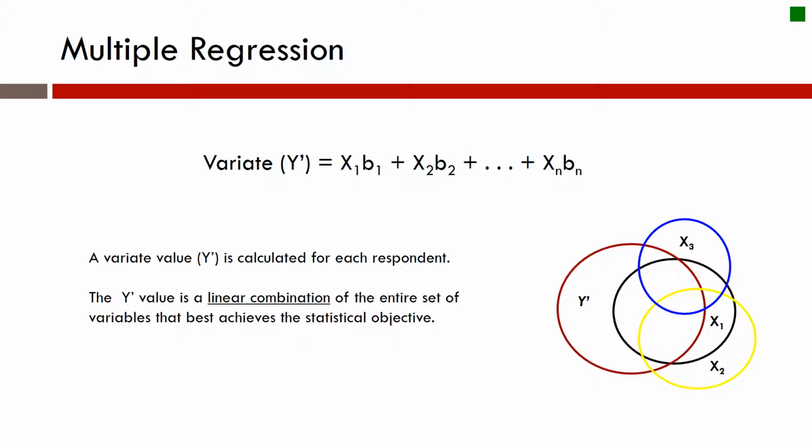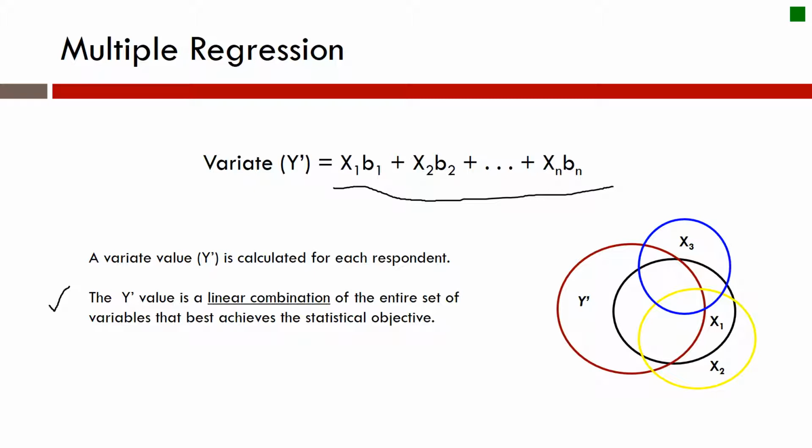The combined formula here, if you will, is the variate. So the variate of y, or the variate that is being computed, would include the entire linear combination of the entire set of variables. And in this case, we want to achieve the best statistical objective. In linear regression anyways, that objective will be to reduce our residual or reduce the error that is created.